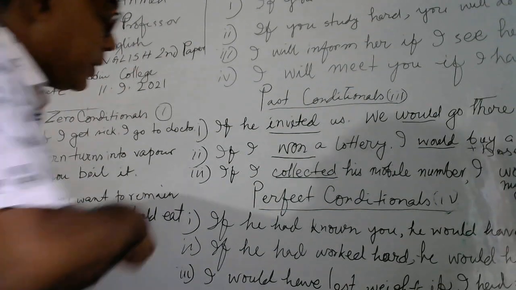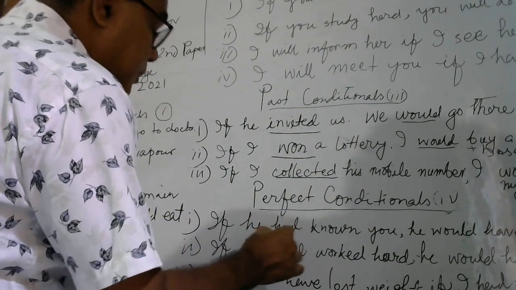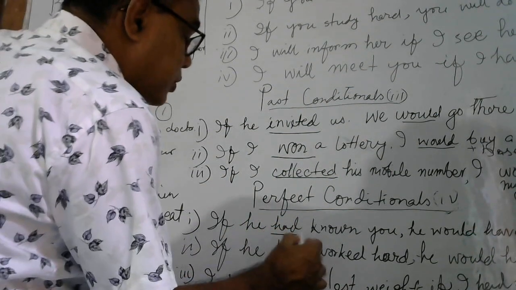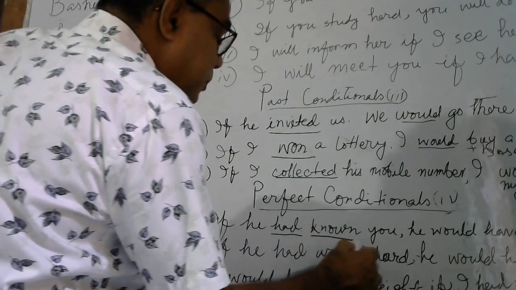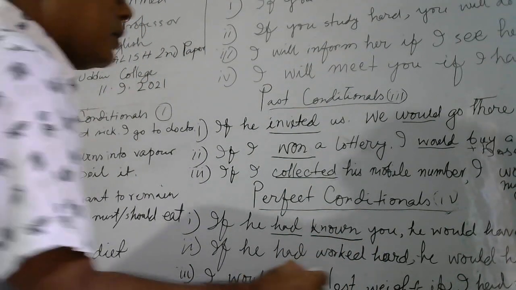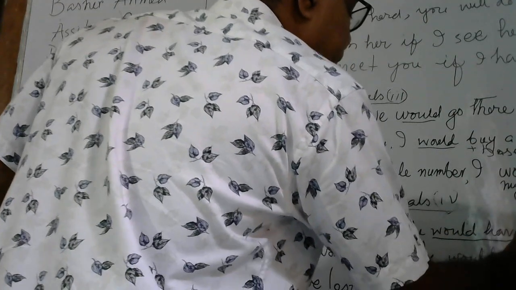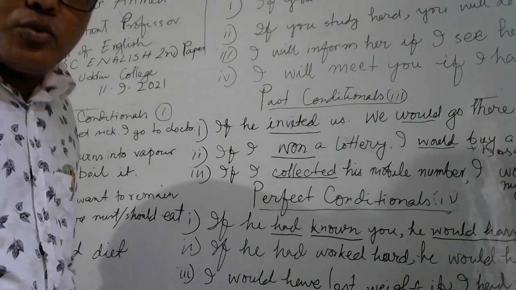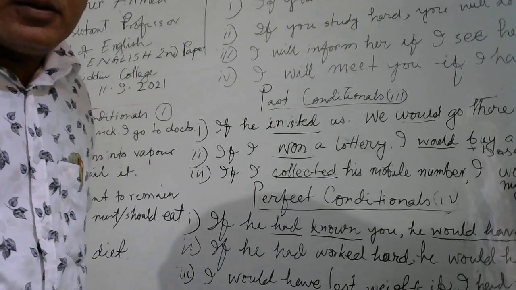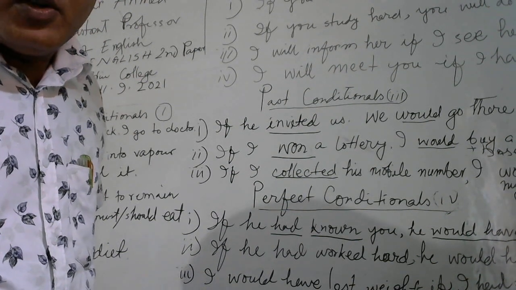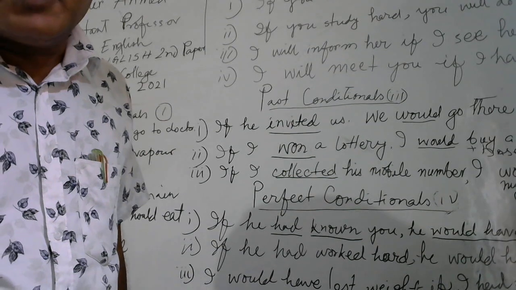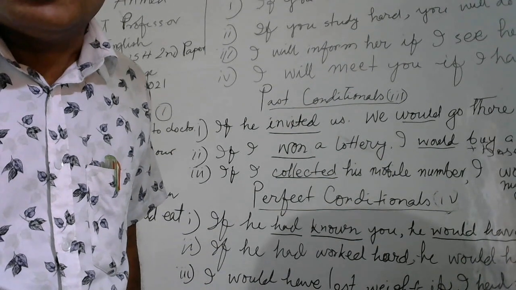Here this is the difference. After the subject I have used had and the past participle form of the verb. Here I have used would have. You have to remember it, would have. And after would have, we must use the past participle form of the verb.